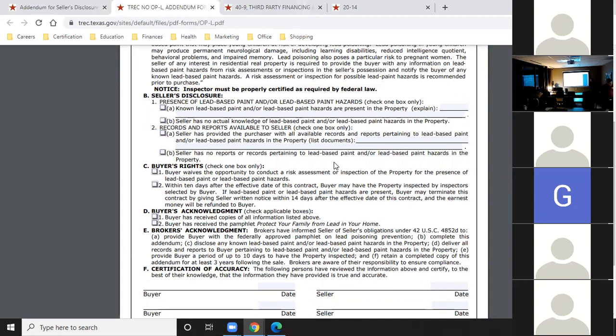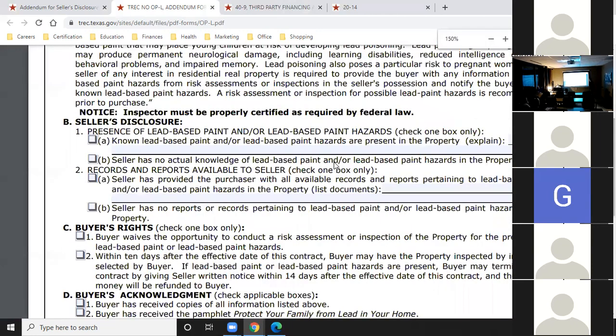Do you want to take a sec to read it? I can't see it. You control and load up. There you go.